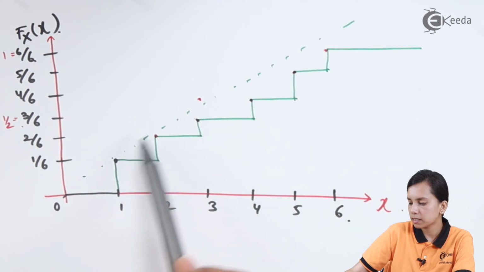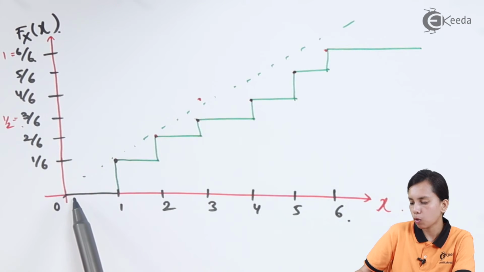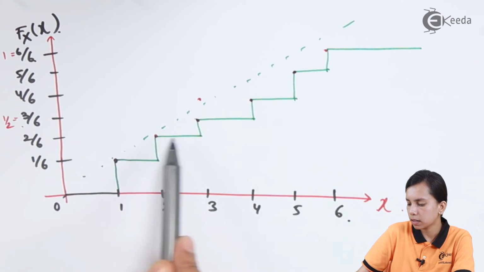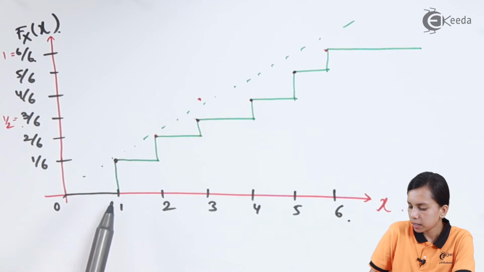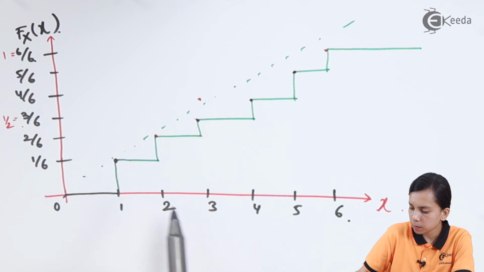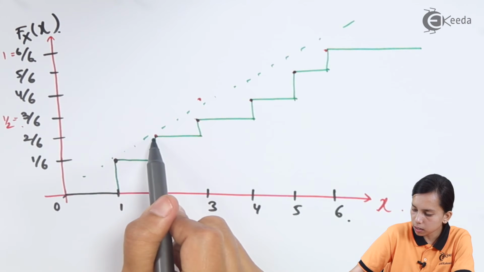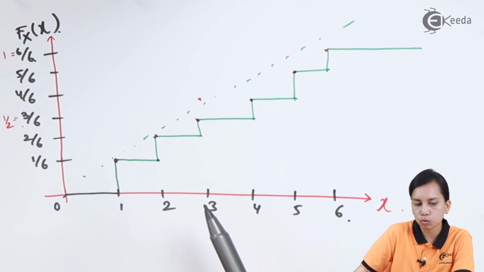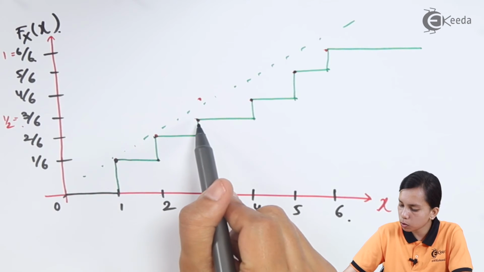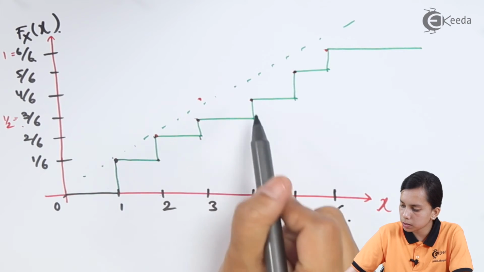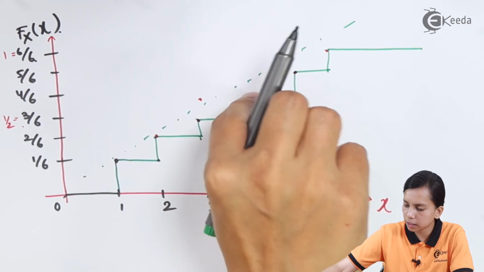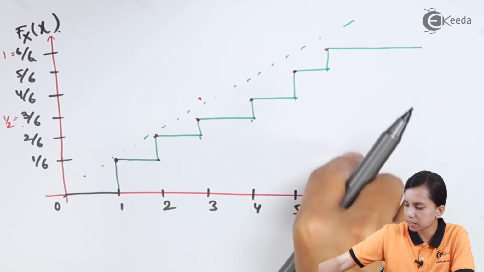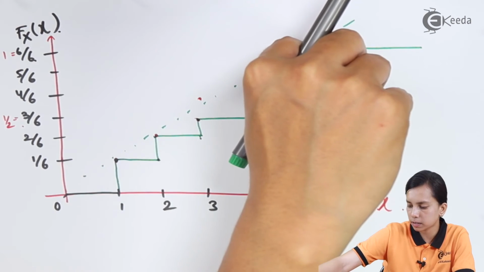This F of x is an increasing function, always increasing in nature, because the probability is increasing like this. At 1 it is equal to 1/6. At 2 we always take the interval difference, it is 1/6. The interval difference for getting 4 is also 1/6, for getting 5 it is 1/6, for getting 6 it is also 1/6.